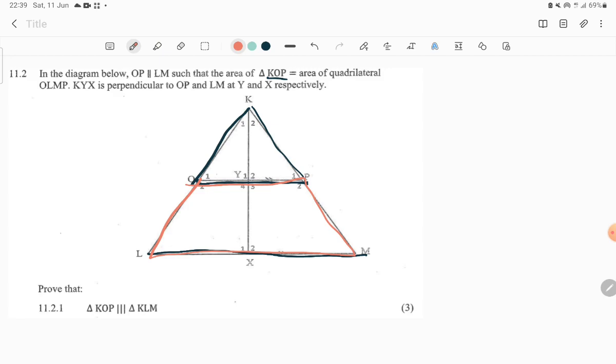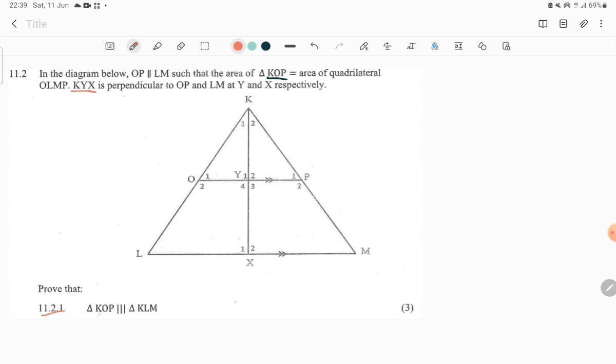Now we are given that KYX is perpendicular to OP and LM at Y and X respectively. Good. Now let's come to number one.